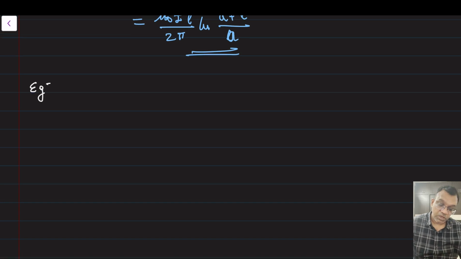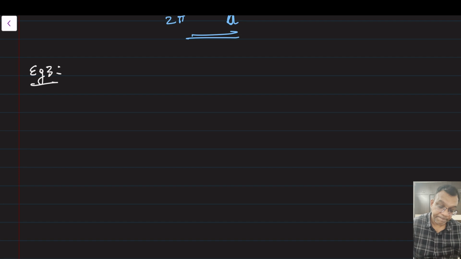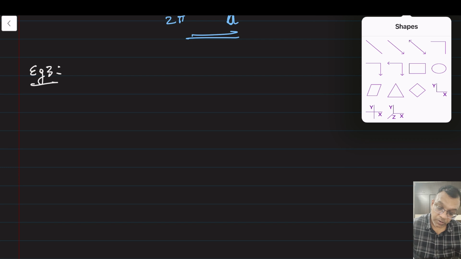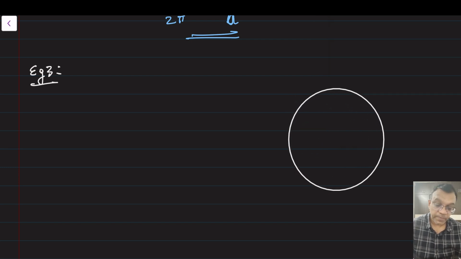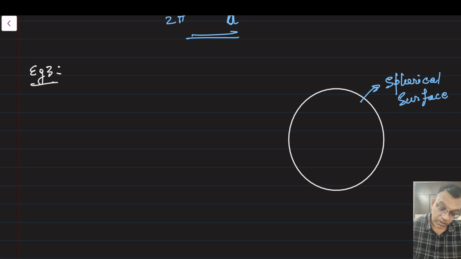If we have a loop placed in a uniform magnetic field, or rather, we'll do one thing: you consider a spherical surface, a three-dimensional space.